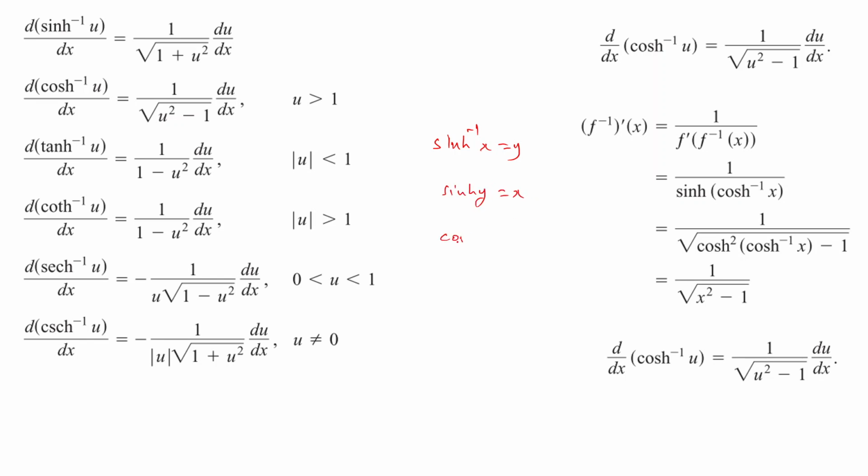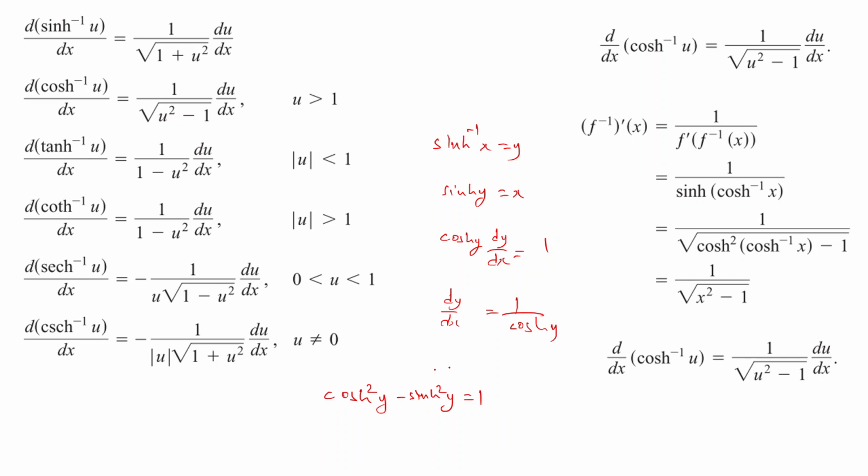If you differentiate, cos hy dy by dx equals 1, right? So dy by dx becomes 1 by cos hy. But we know cos square hy minus sin h square y equals 1.